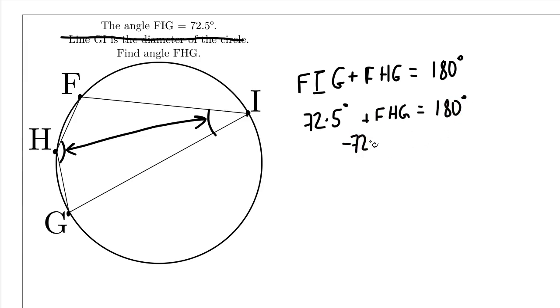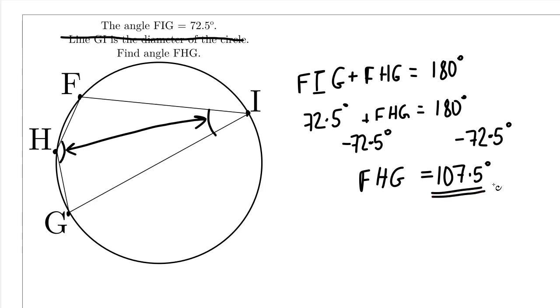Subtract 72.5 from both sides of the equation, and we end up with FHG being equal to 107.5 degrees. Again, the reason for that is opposite angles in a cyclic quadrilateral add up to 180.